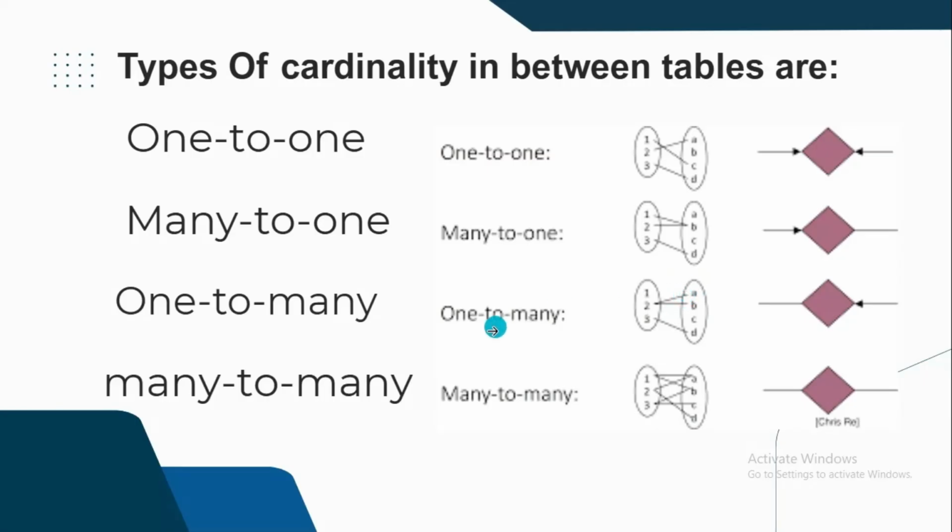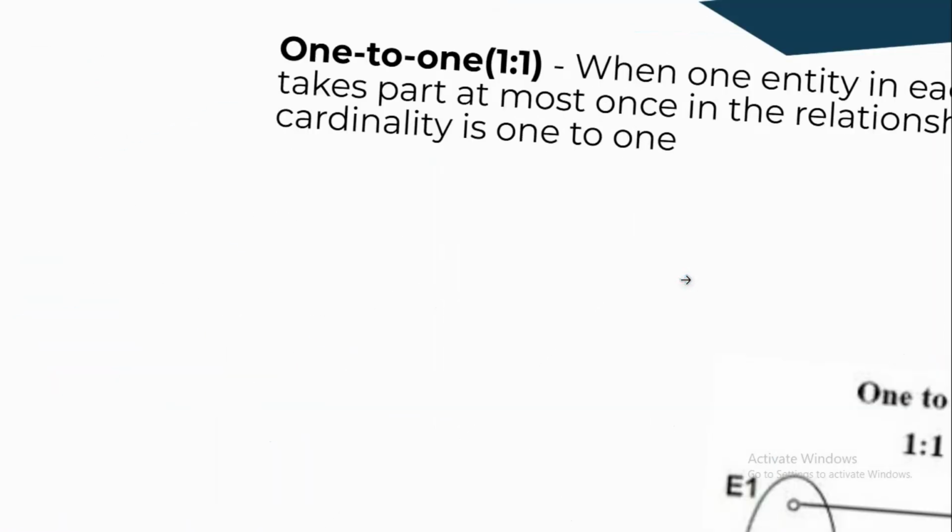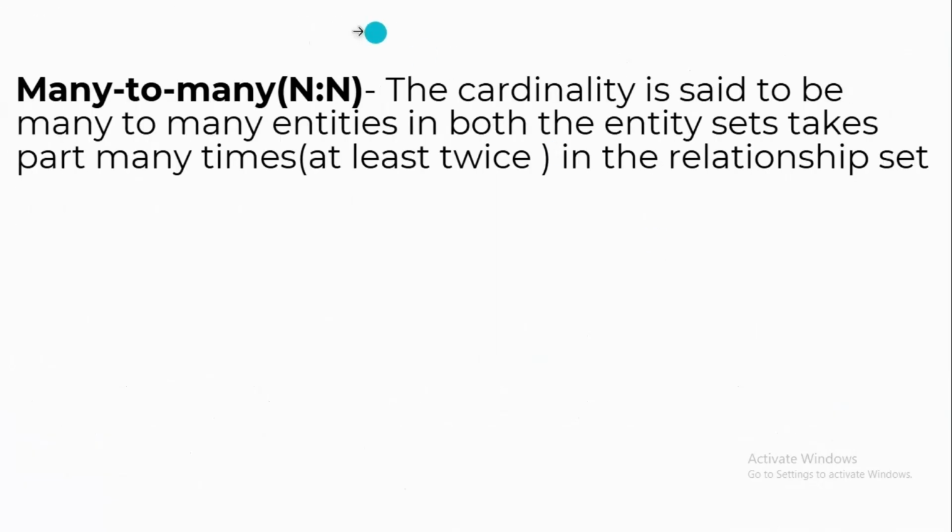Now let us look at the last type of cardinality relationship, many to many. The cardinality is said to be many to many when entities in both entity sets take part many times, at least twice, in the relationship set.